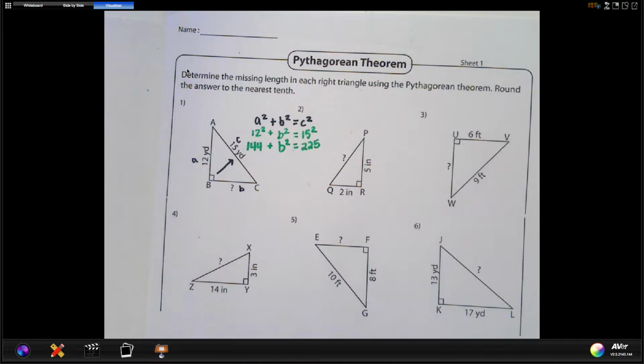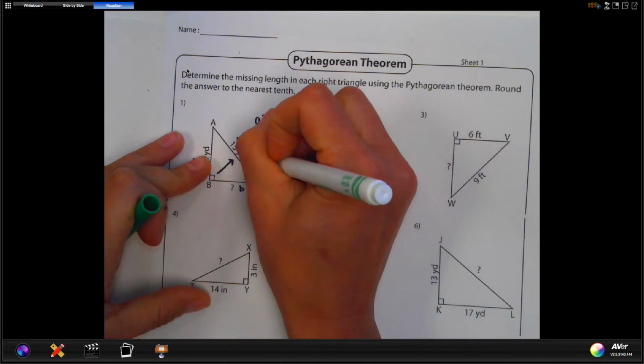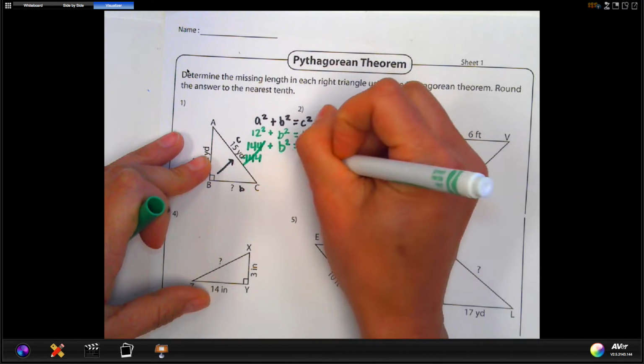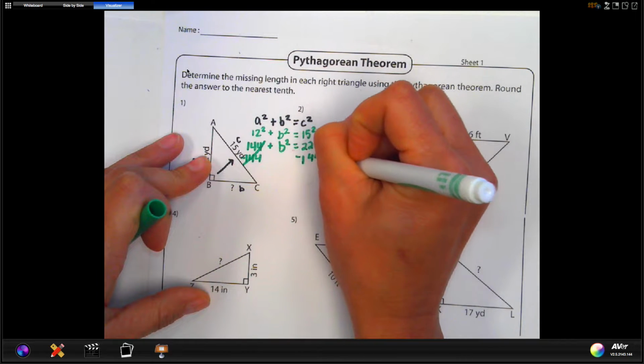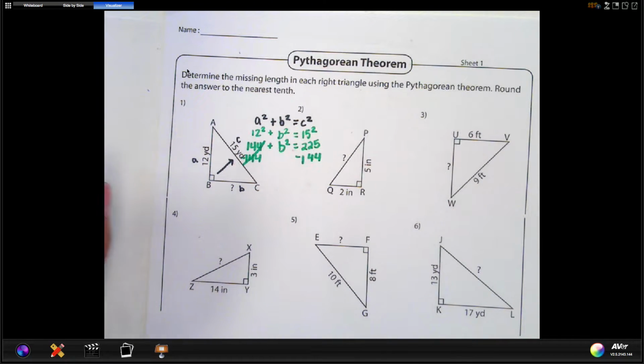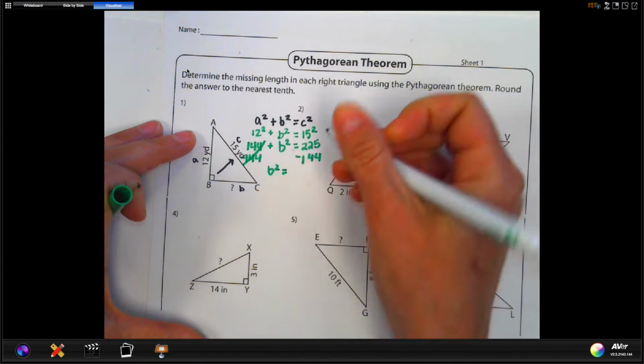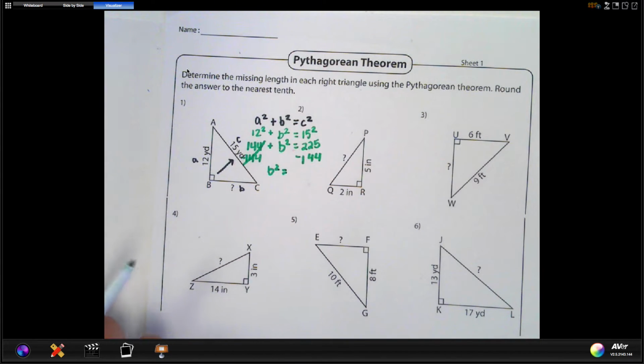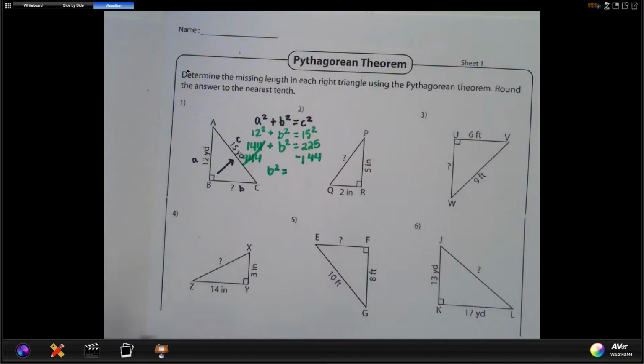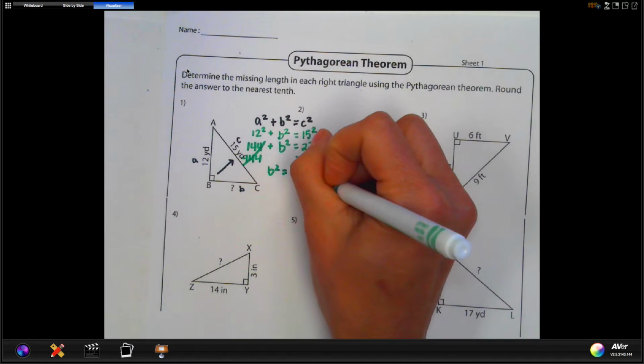We can put them together. So in this case, we're going to subtract 144 to cancel it, and we'll subtract it over here to keep the balance of the equation, okay? So now bring down b squared equals 225 minus 144, and that is equal to 81.